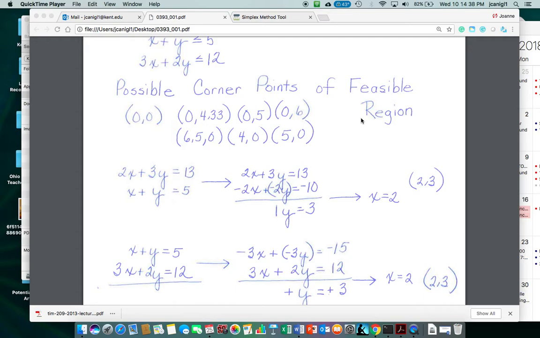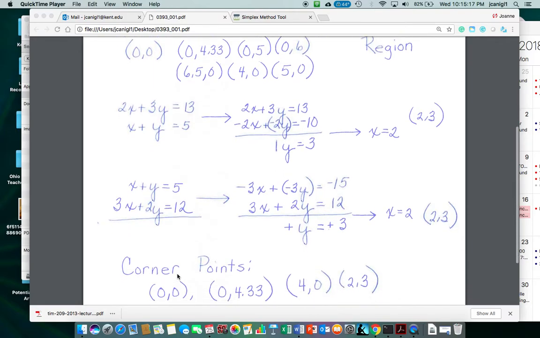I didn't think it was necessary then to test 2x plus 3y is equal to 13 with 3x plus 2y is equal to 12, because if these two intersected at one unique point, 2, 3, then obviously the 2x plus 3y is equal to 13 and the 3x plus 2y is equal to 12 must also meet at that point.